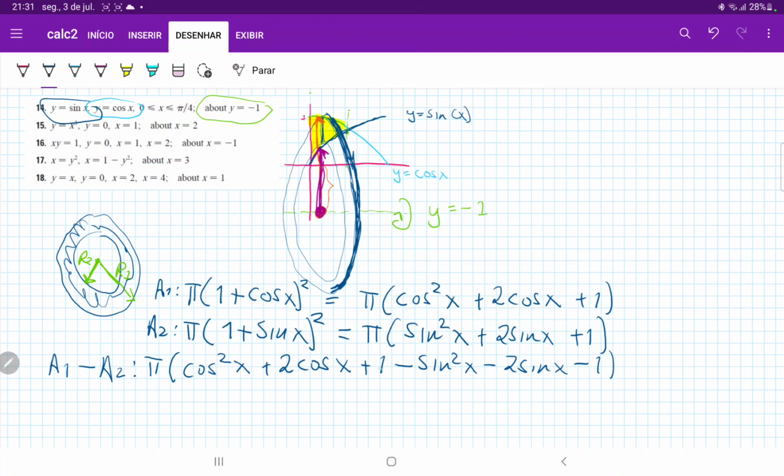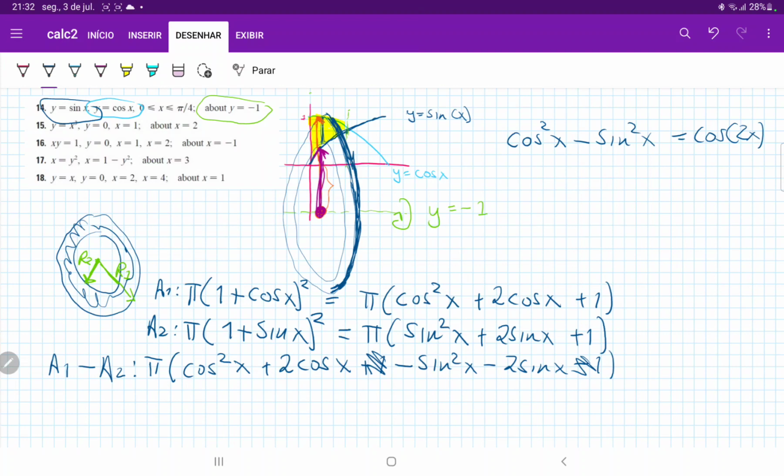So when we simplify it, this plus 1 and minus 1 cancel out. And we have here cosine squared x minus sine squared x. Now, if we remember from our double angle identities, cosine squared x minus sine squared x is equal to cosine of 2x.